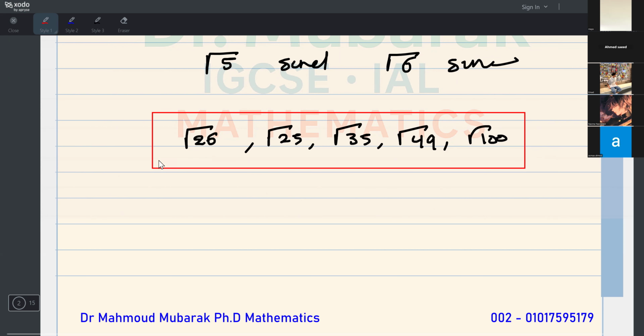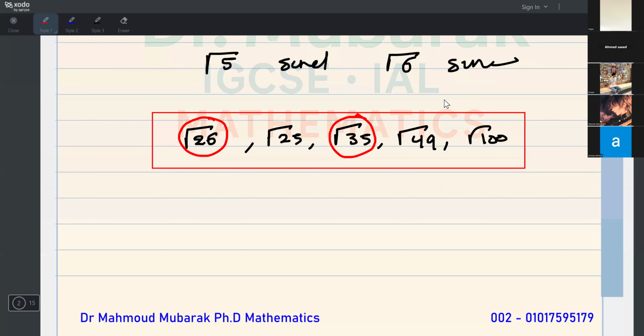Where are the surds? Root 26 is a surd, excellent. Root 35 is a surd, excellent.